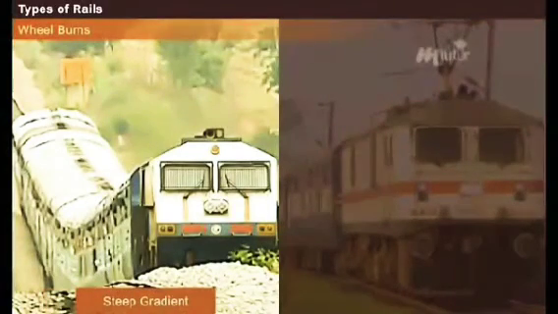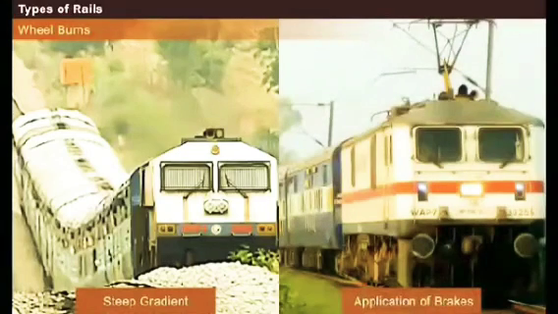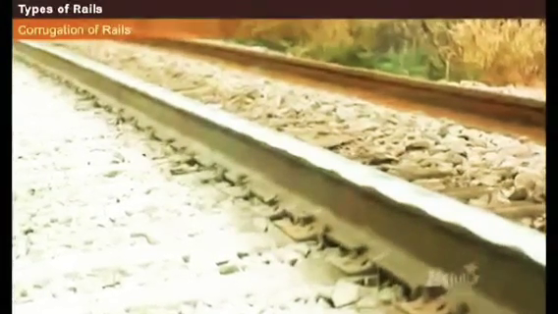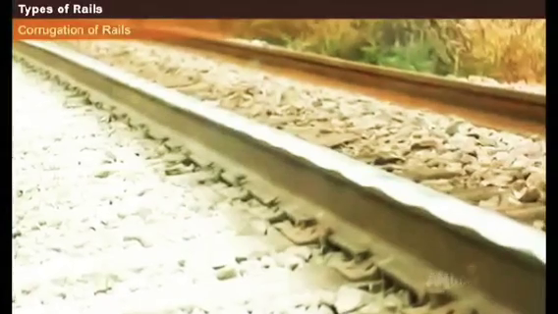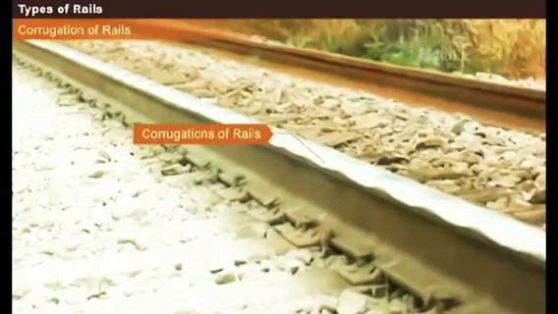Generally, when a train climbs a steep gradient or is subjected to the constant application of brakes, heat is produced in its wheels. This heat forms depressions on the rails called wheel burns, which reduce the longevity of the rails. Besides this, minute depressions are also formed on the rail surface at irregular intervals, called corrugations of rails.